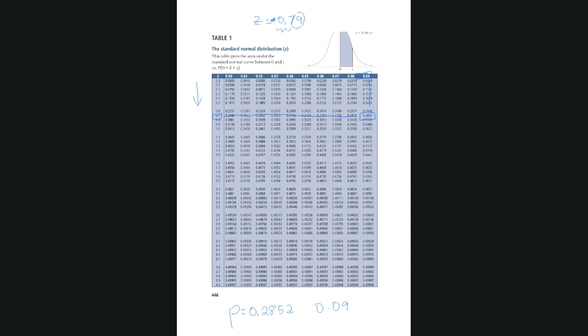So the probability is 0.2852, and now we'll say that 0.5 minus this figure will be your final answer. So let's go back to the question. Okay, so here you had the p-value from the table was 0.2852, and according to the diagram, we had said that we would minus, since we were moving away, so 0.5 minus.